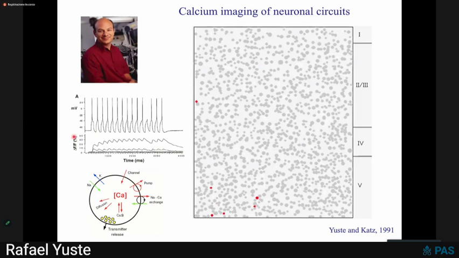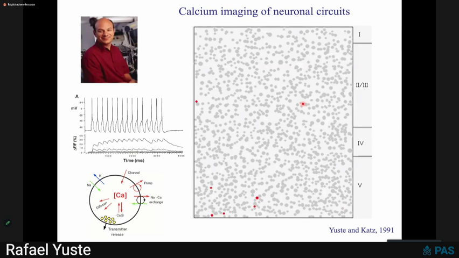The dynamics of these calcium changes are slower than the action potential activity, so it's a low pass version of neuronal activity. But the good news is that within this little patch of cortex, you can see every neuron. So you can simultaneously measure the activity in neuronal populations.